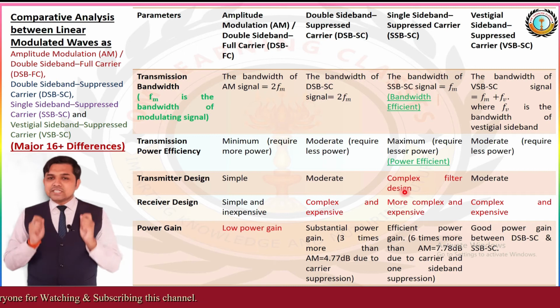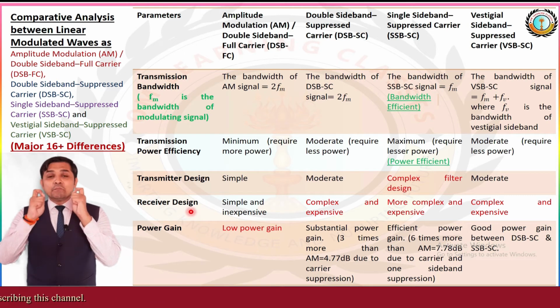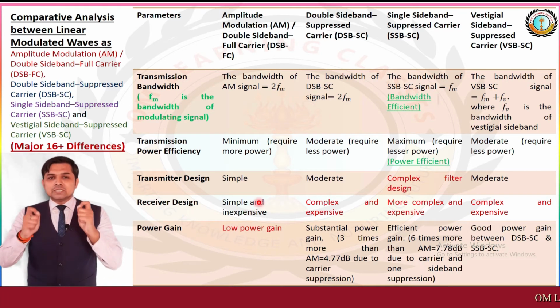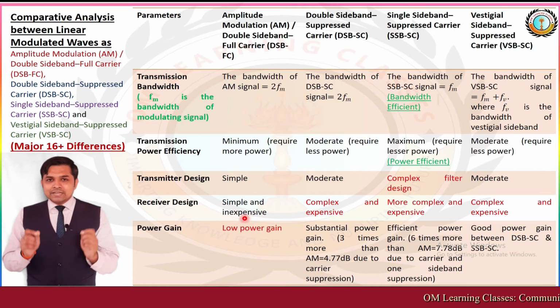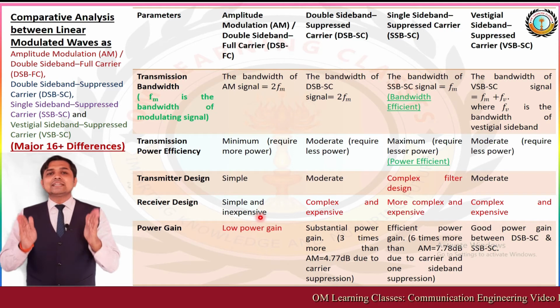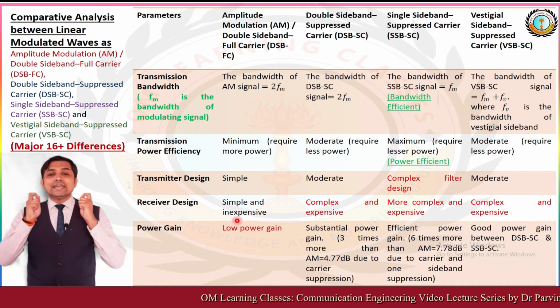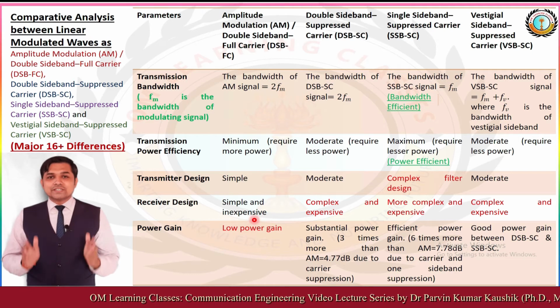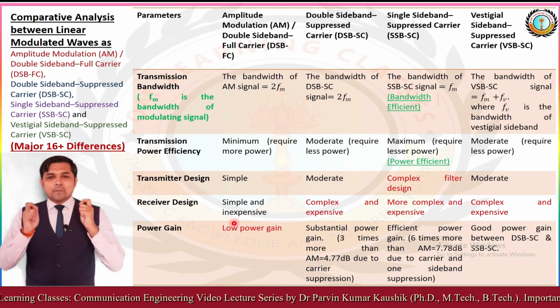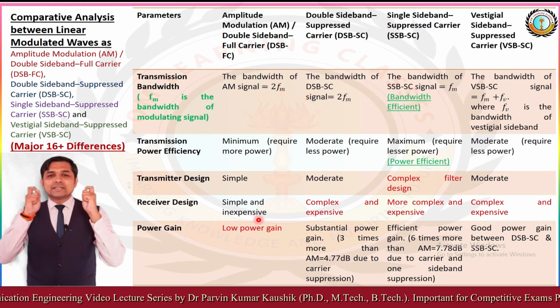And as per receiver design, we have an important advantage of DSB full carrier or AM, that gives a receiver design that is simple and inexpensive, or you can say cost effective, by utilizing an envelope detector.